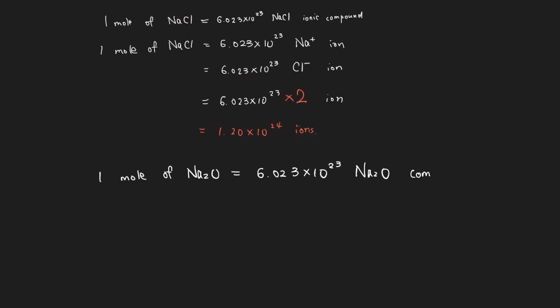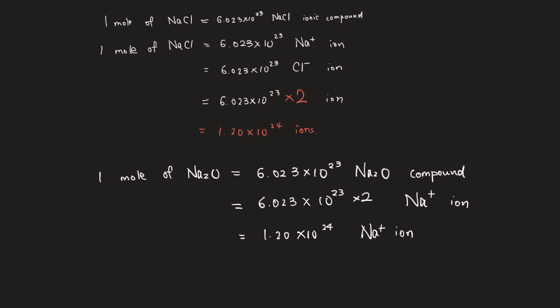But if we are talking about the cation, that means the sodium ion, then this time you have to times it by 2. For the last one, here I also change it back to the value so that you can follow. And for the oxygen, this is what you have. So pay attention to this.